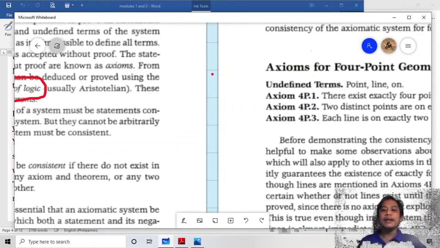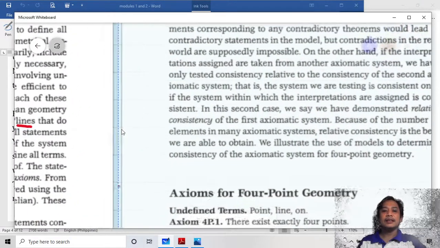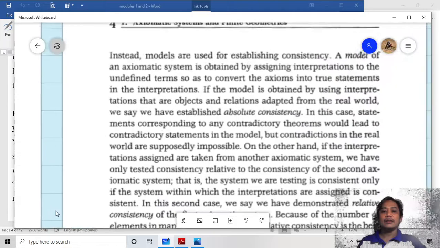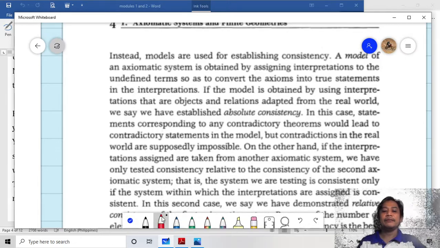So how do we verify whether or not a system is consistent? In verifying the consistency of a system, we make use of models.